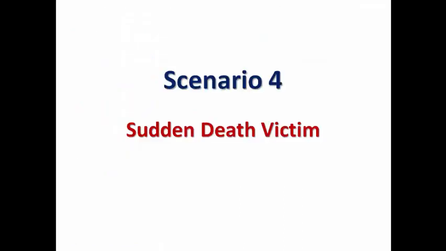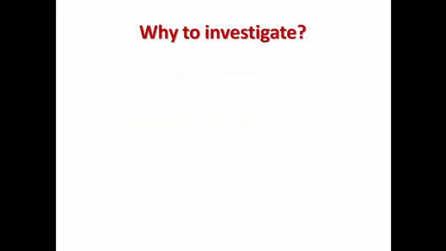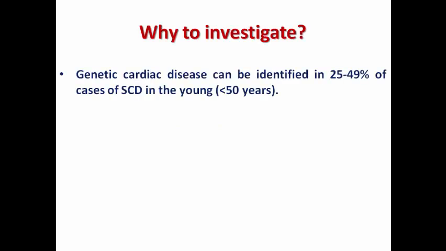Then an unfortunate scenario is to interrogate a case of a sudden death victim who was not resuscitated in the right time. Why investigate in this case? Genetic cardiac disease can be identified in about 25 to 49% of sudden cardiac death cases in the young population less than 50 years.